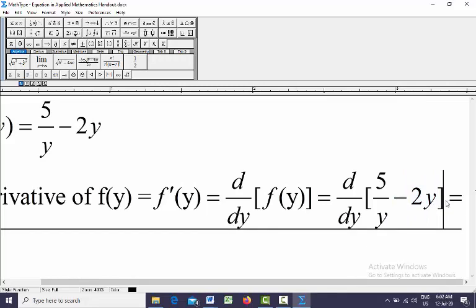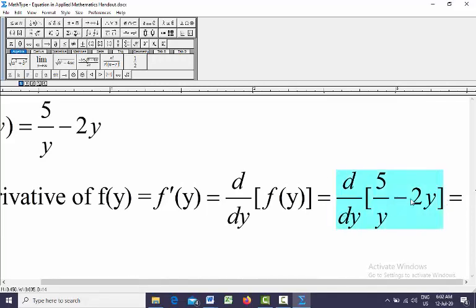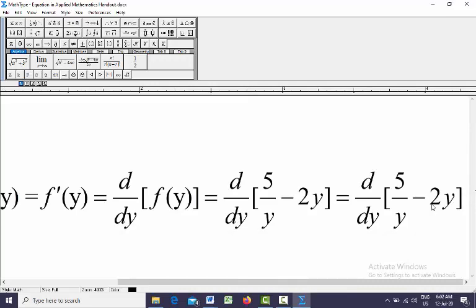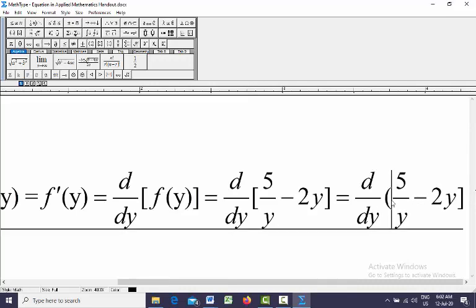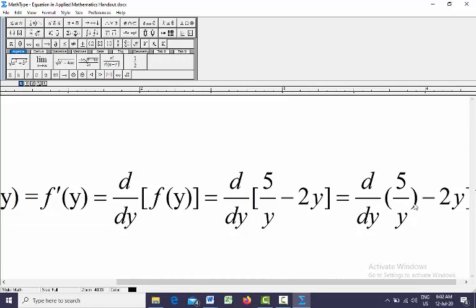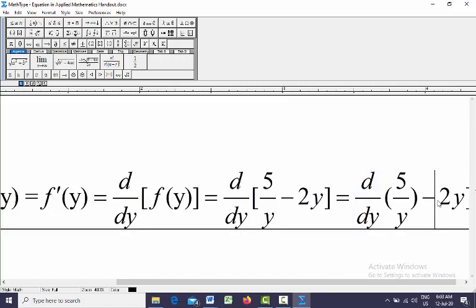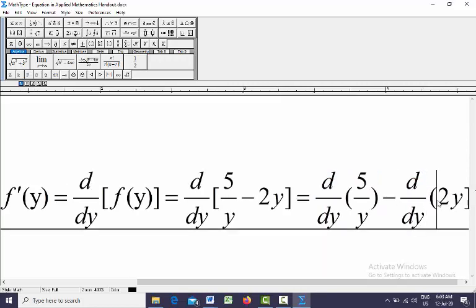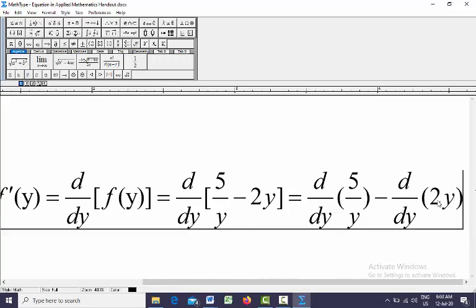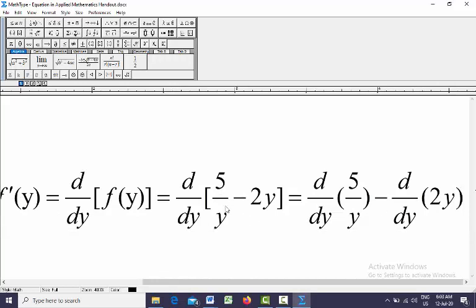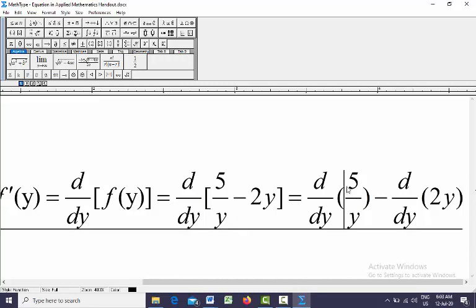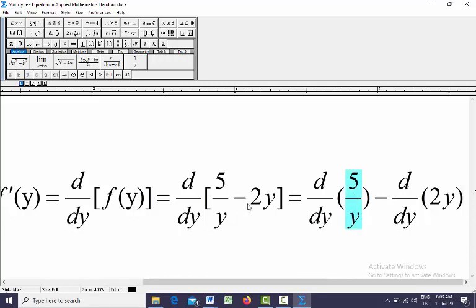So we have separated each part. 5 by y is the first part, and then in between we have a minus, and then the second part.